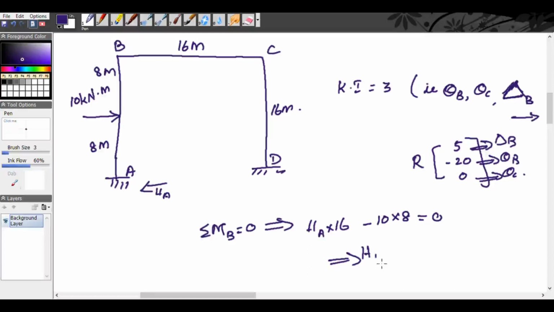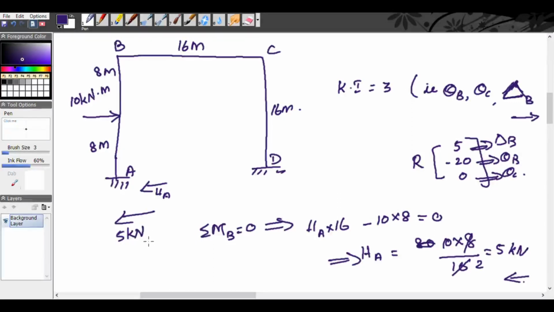From which you get HA is equal to 80, so 10 into 8 divided by 16. So we get 5 kilonewton towards the left.